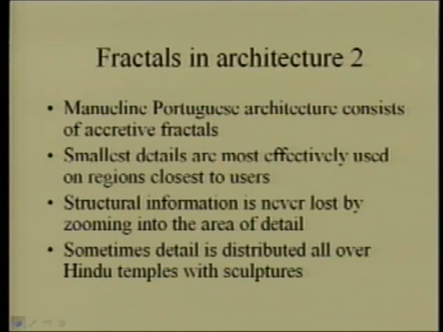So you want to have those where users can be next to them, see them, and touch them. And you spend less detail on the roof line, something that's further away. That certainly makes sense. And that's also a characteristic of the mathematical fractals. They're not uniformly covered with tiny little detail. The structural information is zoomed into a certain region.